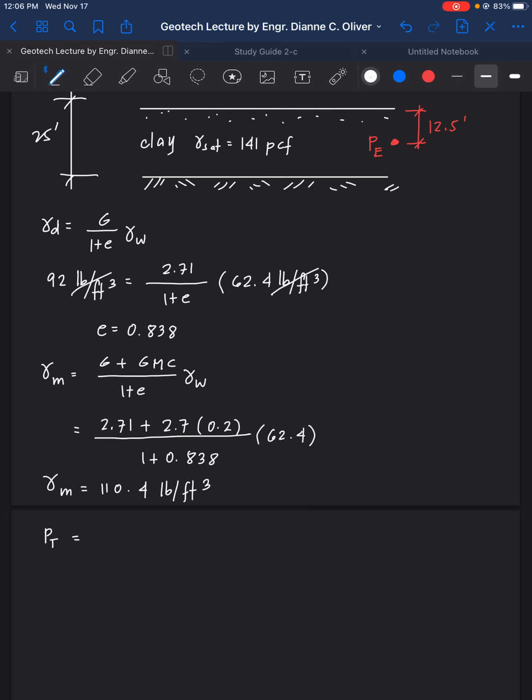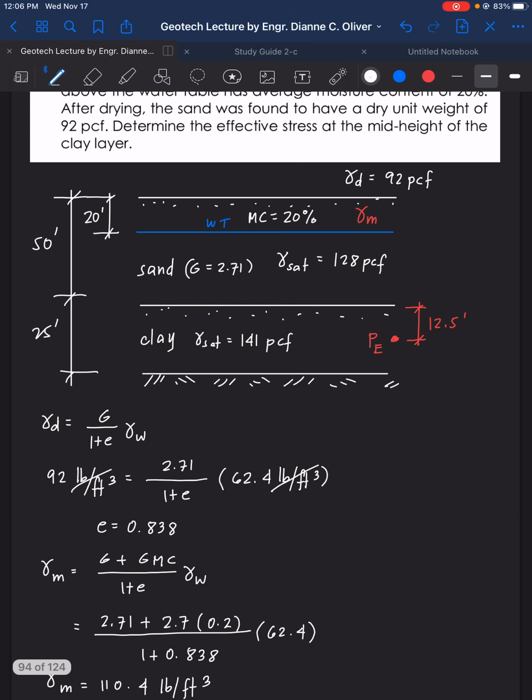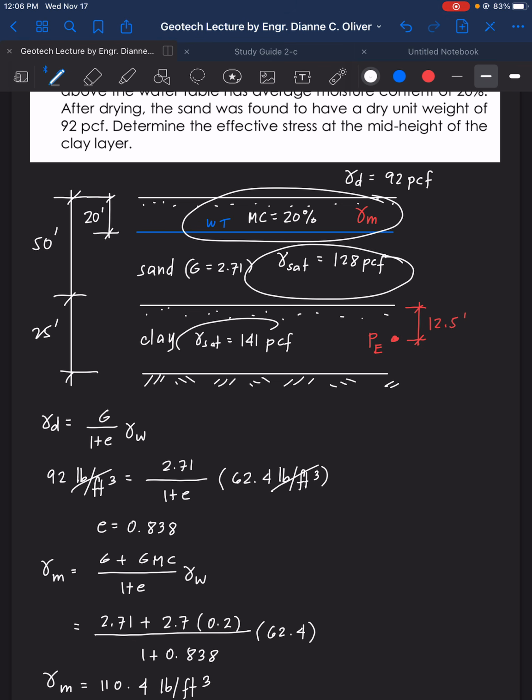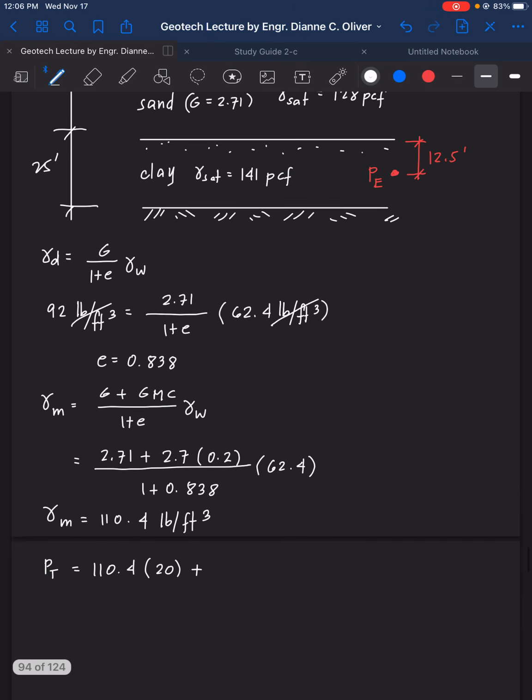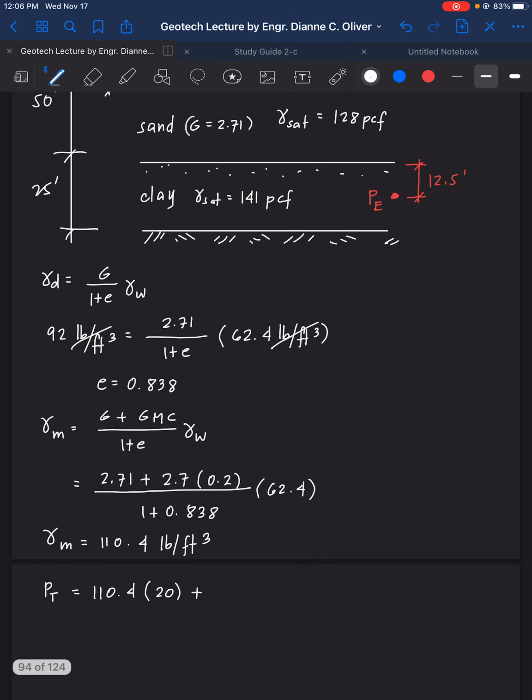P total is equal to the gamma moist, the gamma sat here, and then half of clay using gamma sat. Okay, so gamma moist 110.4, and then it is 20 feet, plus the gamma sat of the sand is 128, and that is 30 feet.